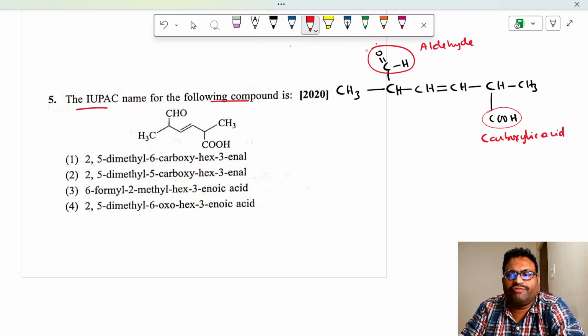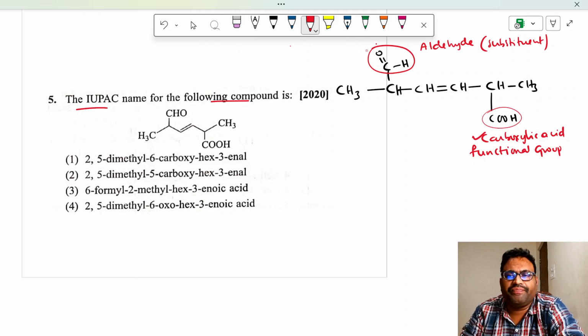Among these two functional groups, which has more priority? Carboxylic acid has more priority. Aldehyde has less priority. So this will be the functional group, whereas this will be the substituent.